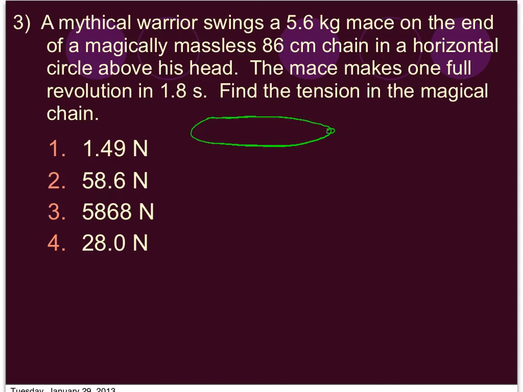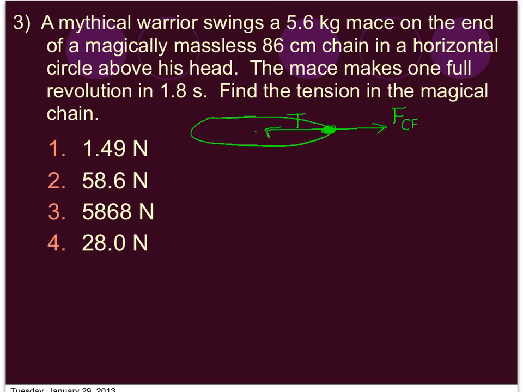Okay. So again, let's just say, for example, that the mace is right here. Okay, here's our center point. We know tension is going to provide that centripetal force. Okay, and we know it's also going to experience a centrifugal force going away from the center of that circle. In this case, we don't really need to worry about the Fw because what's causing it to accelerate in that circle is the tension in the string here, or in the cord.